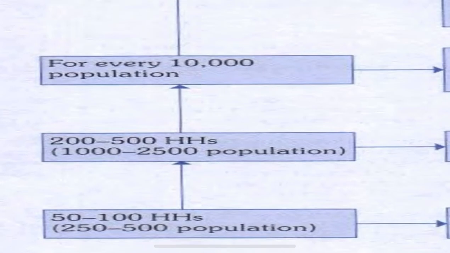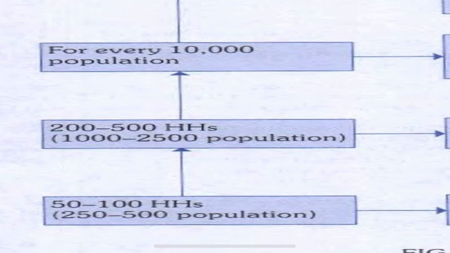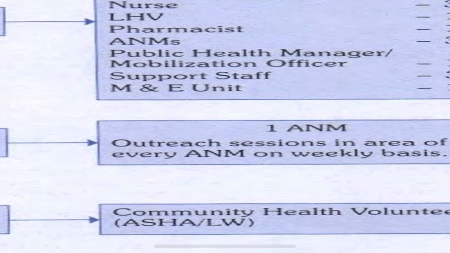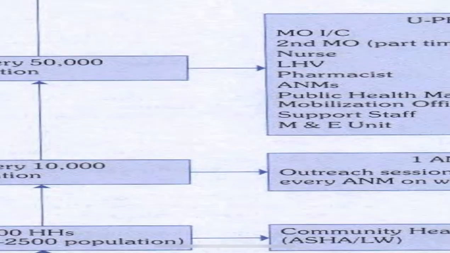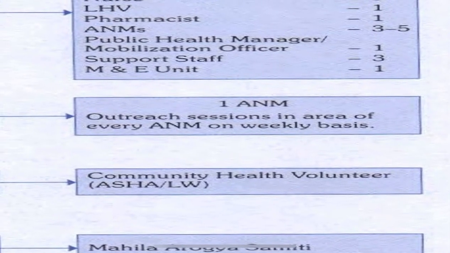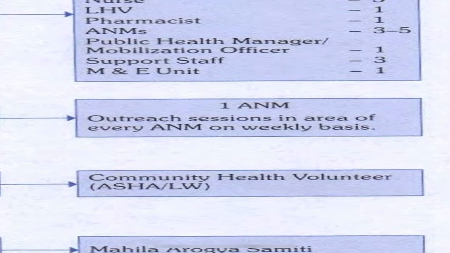The Asha worker or link worker will cover about 200 to 500 households, that is 1000 to 2500 population. And one ANM, that is auxiliary nurse midwife, will cover about 10,000 population. The outreach sessions in any area of every auxiliary nurse midwife are conducted on a weekly basis.